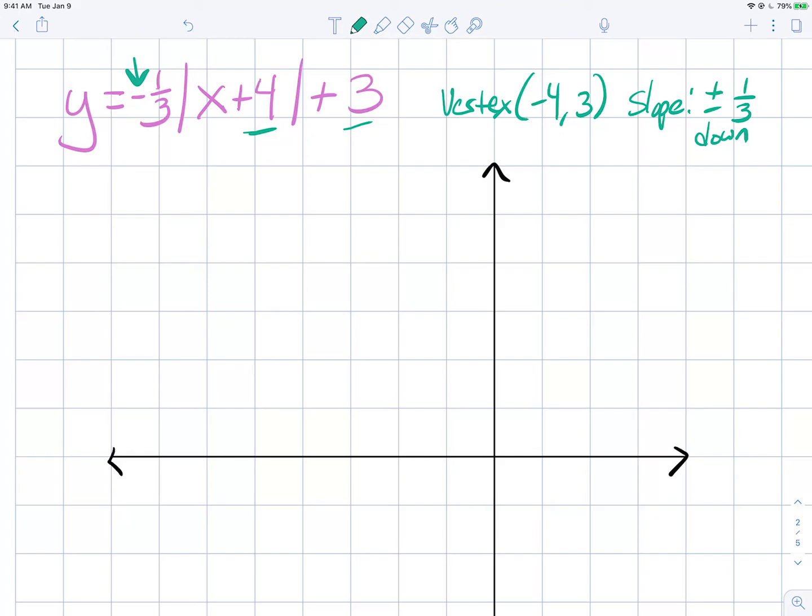I'm going to go left 4, 1, 2, 3, 4, and up 3, 1, 2, 3, and here is my vertex. So now since my slope is 1/3, I'm going to go down 1, right 3 to find my next point, and that gets me one side of my absolute value. And then I'm going to go down 1, left 3 to get the other side of my absolute value equation. So now I have graphed it.